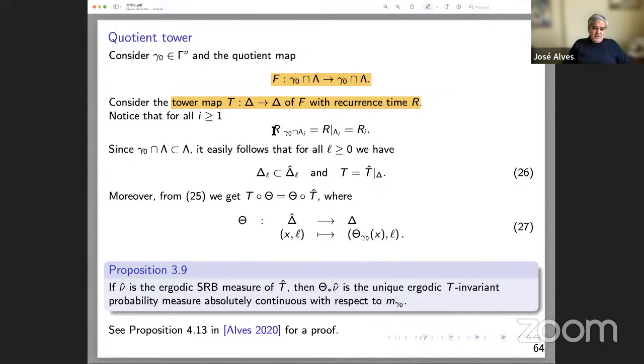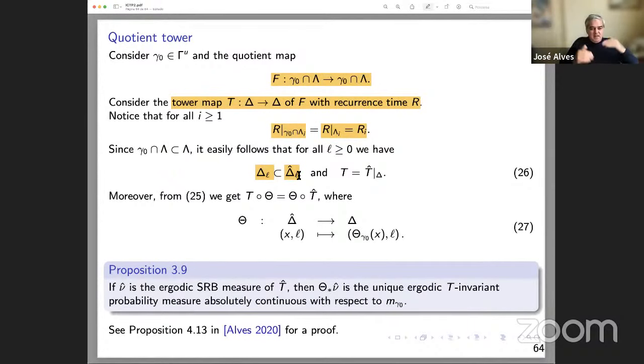Notice that the recurrence times for this map are precisely the restrictions of the recurrence times that we had in the beginning, which I called R. And notice that the levels of this tower are contained in the respective levels of the tower with the stable directions embedded in the structure. This is because we made the quotient of the stable leaf. So what remains is an unstable leaf, contained in the respective unstable leaf.